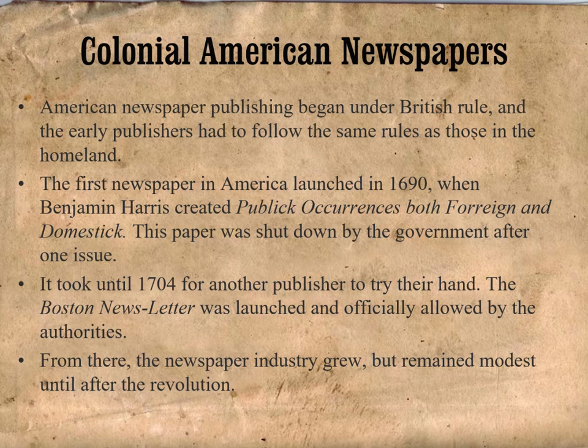And because that paper was shut down, it took 14 years for somebody else to try it. That time, the Boston Newsletter got the official approval of the authorities and became the first American newspaper to actually be printed regularly.